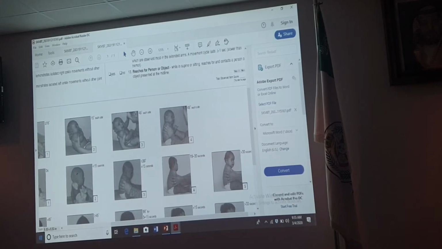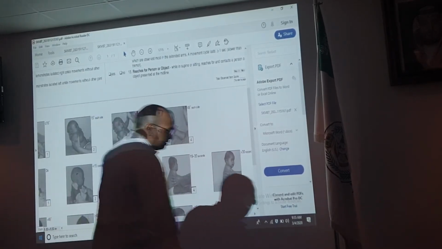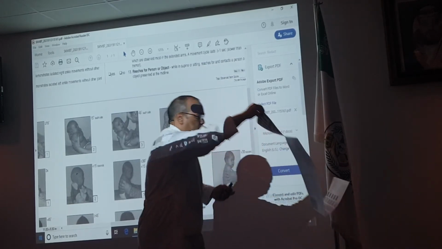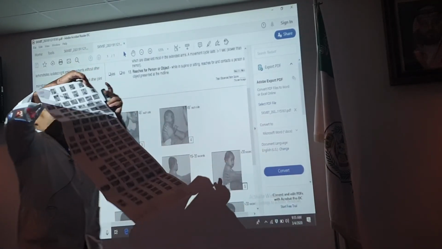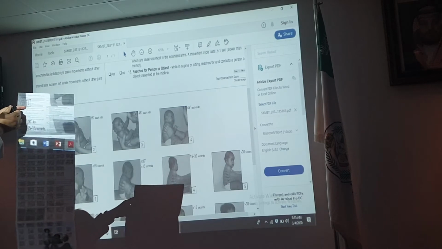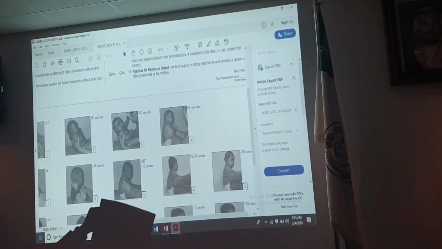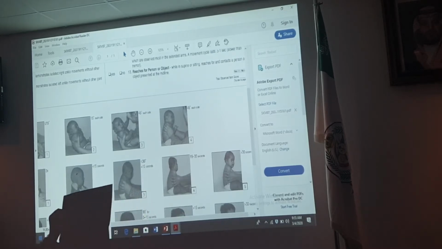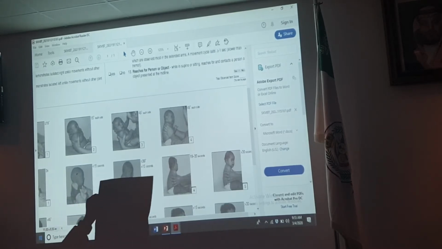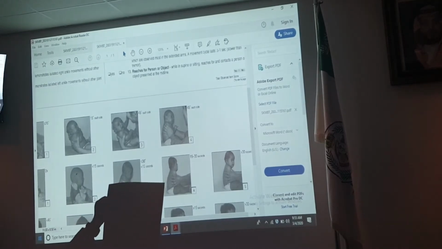So you have a score. In case you want to refer, or you have any doubt, you go back to the description here. When you go to this number 14, you have a description for 0 to 4, for each. Clear?